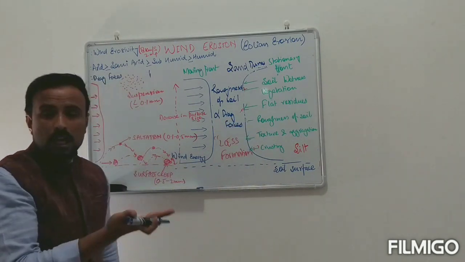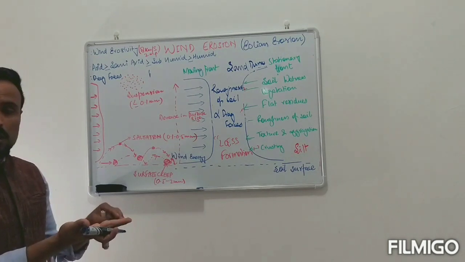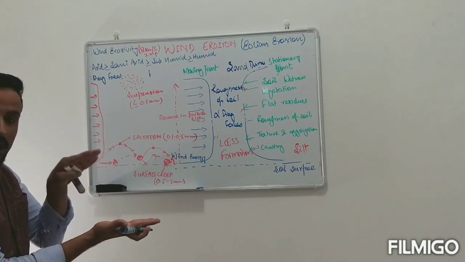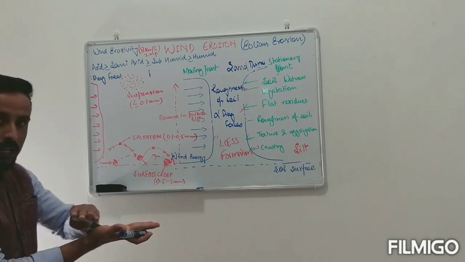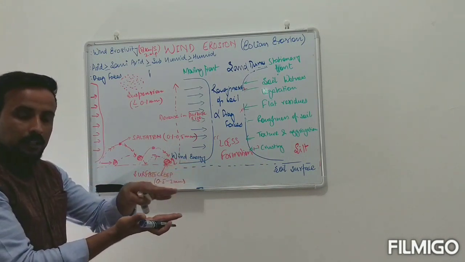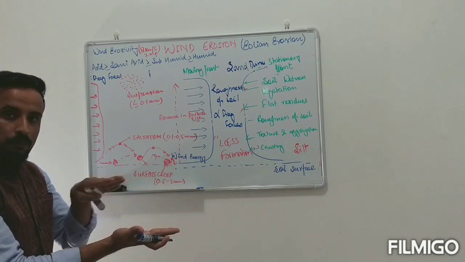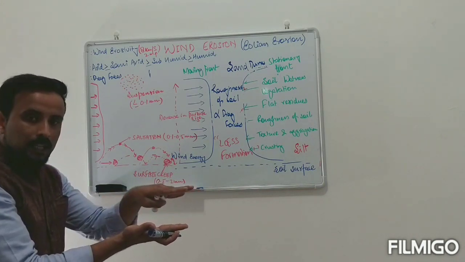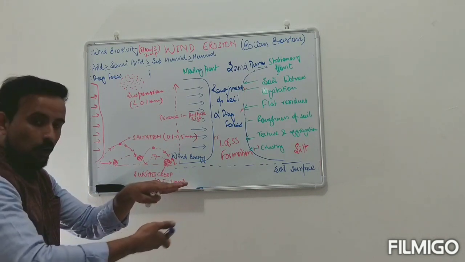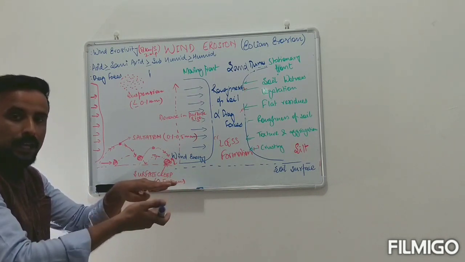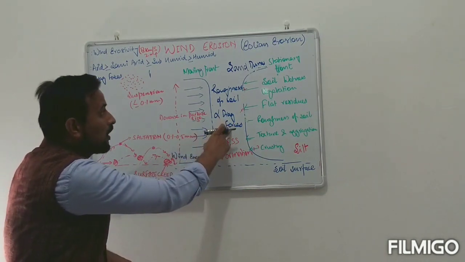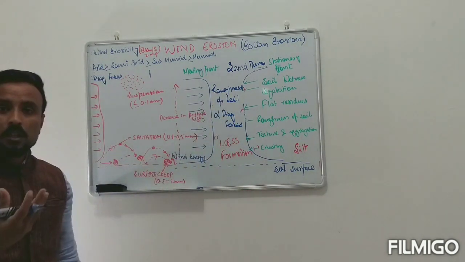Drag forces are the forces which work against the wind when the wind is moving a bit down to the surface to try to take the particles away. In the space between the air with wind moving and the soil surface, there will be drag force, and this drag force will be better if the roughness of soil is more.